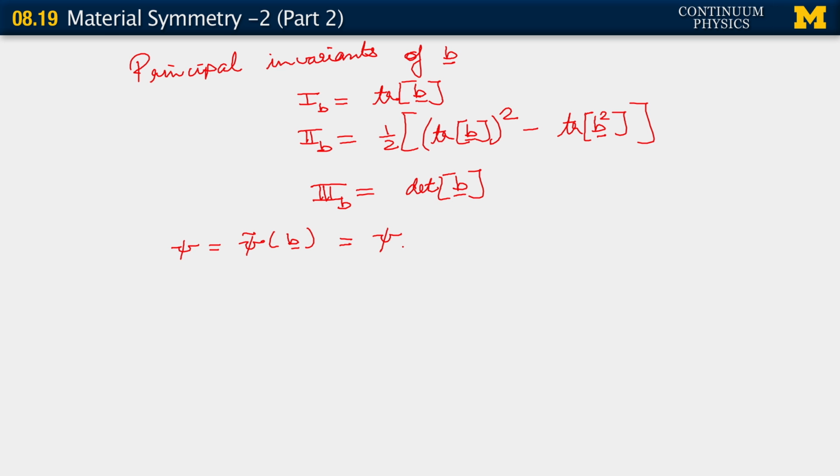I think I'm running out of ways to decorate psi. There are hats, there are bars, there are tildes. Let's just put 2 tildes. It must be a function of the principal invariants of B.